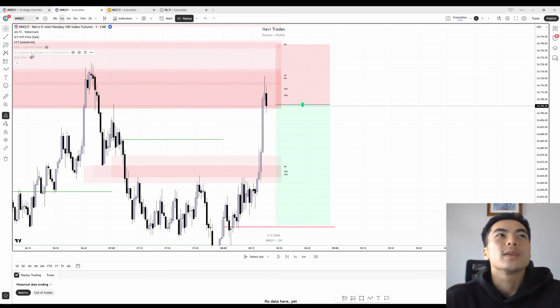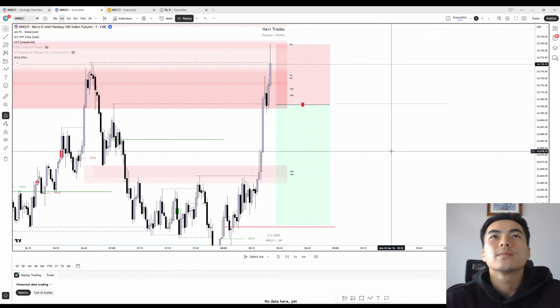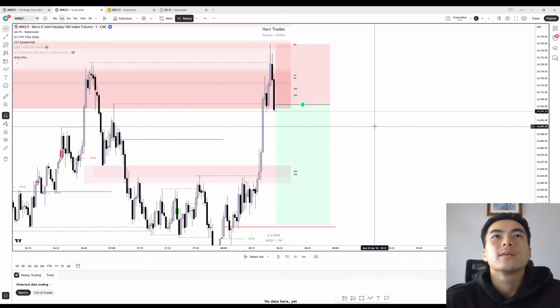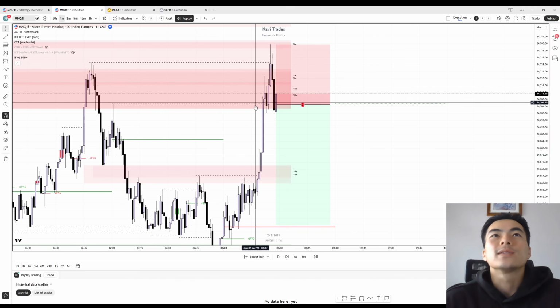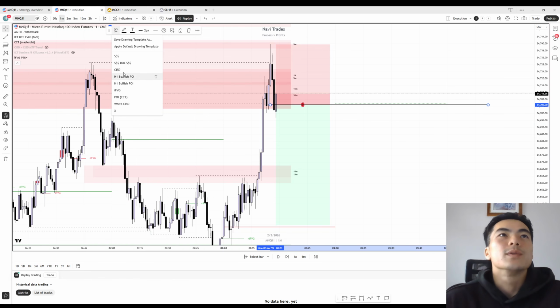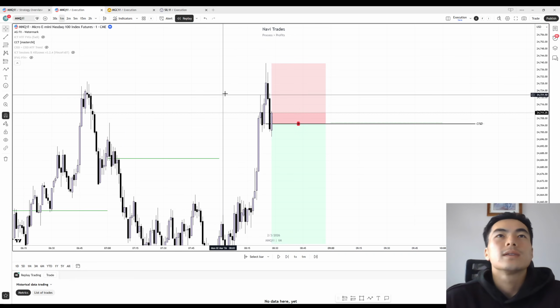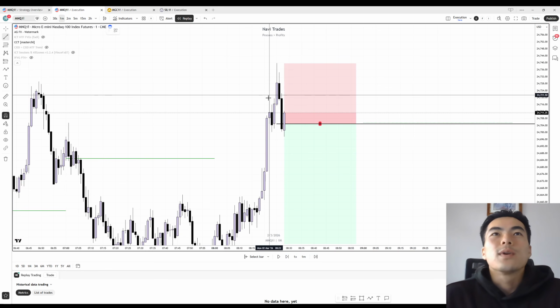Now we are just looking for either a change in state of delivery or an inverse fair value gap. And there is your CISD, because let me just turn this off so it's cleaner. We have a swing higher here defined by a 3 candle pattern, which the middle wick has a higher wick than the ones next to it.